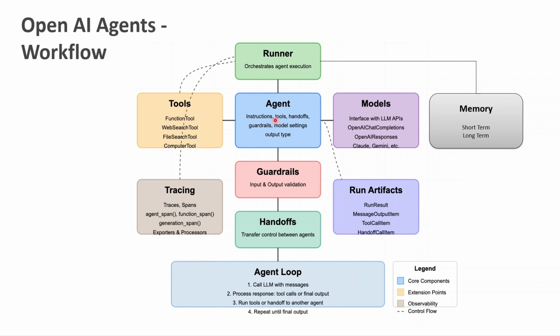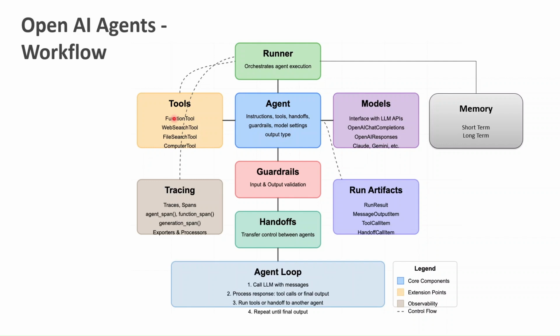So an agent can perform the operation itself or it can utilize the tool. As I said, it can have many tools, for example, function tools, which is basically writing functions which can perform certain operations, like glue code. Then web search, where it can perform searches going onto the internet.